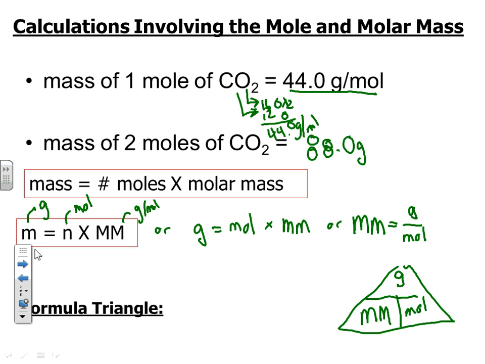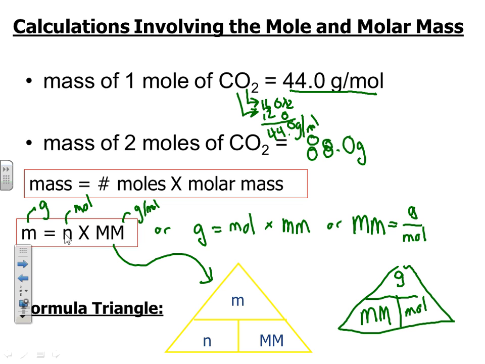If we were to make a formula triangle out of this equation, we would put the things that are multiplied together, N times molar mass, and you'll notice we get the same thing, grams, molar mass, moles. I like this version because it has the units right into it, and this is another version. I'm going to use this. This is going to be our equation.